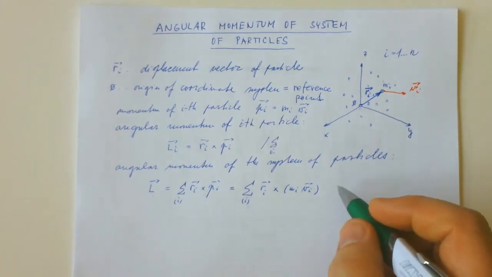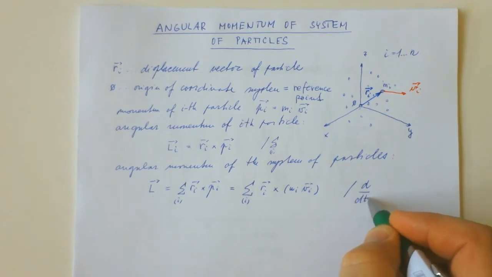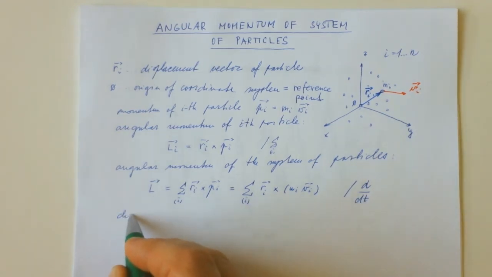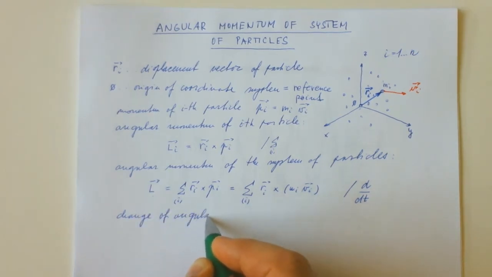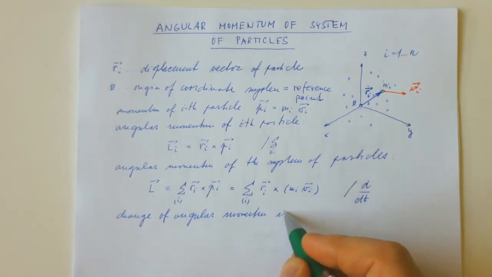And now we can take the derivative with respect to time of this equation, d over dt, and we get the change of angular momentum in time.